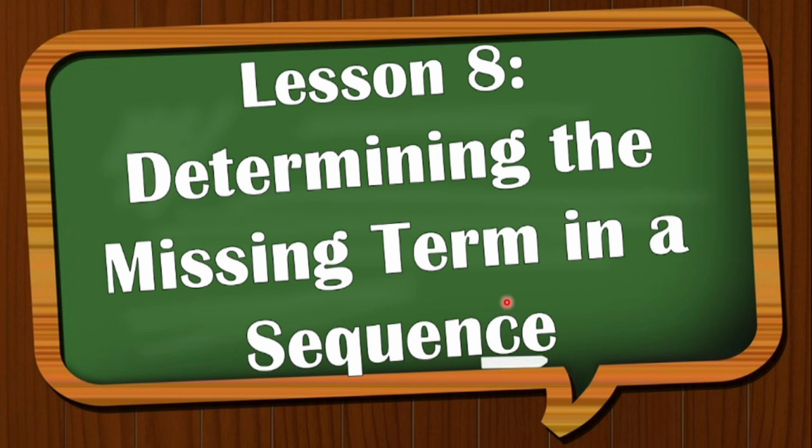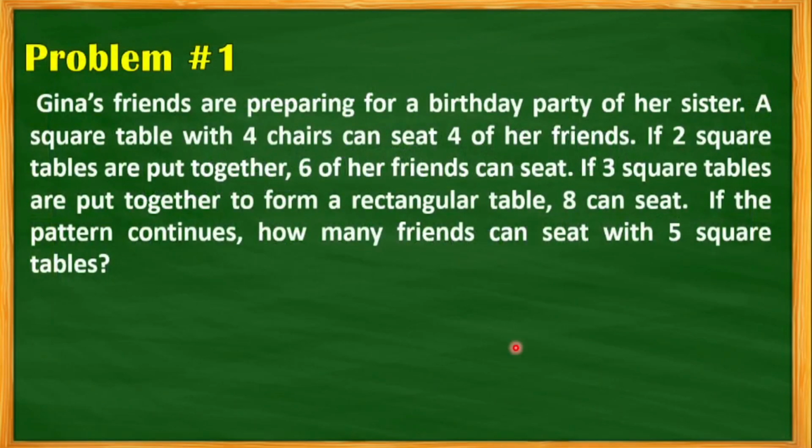Now, this would be some connection to our lesson for today. Our lesson for today is Lesson number 8, determining the missing term in a sequence or a pattern. So, let's have a problem first. Gina's friends are preparing for a birthday party of her sister.